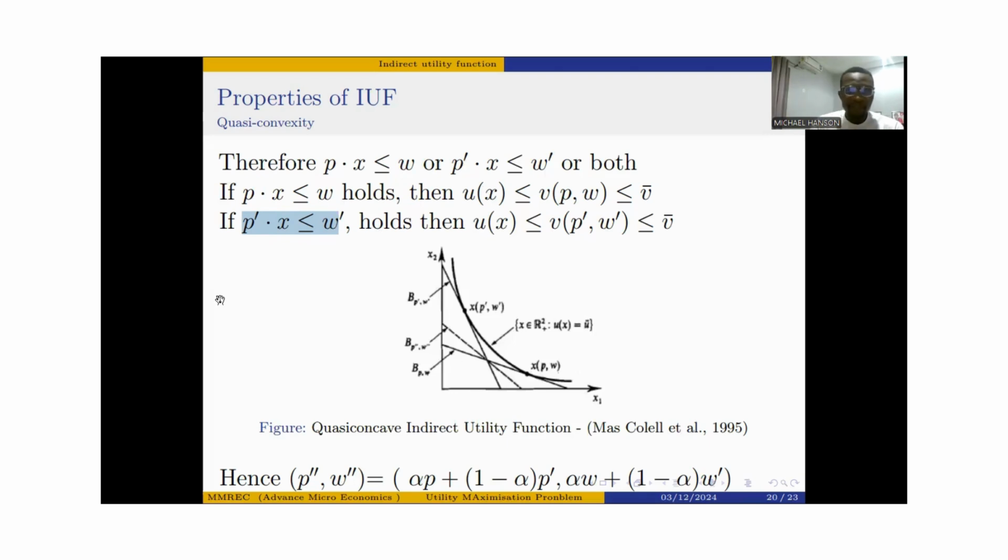So take a look at this diagram. This is the initial demand. Now, the initial demand has this budget. So this budget intersects this utility and gives you this optimal point. Right.